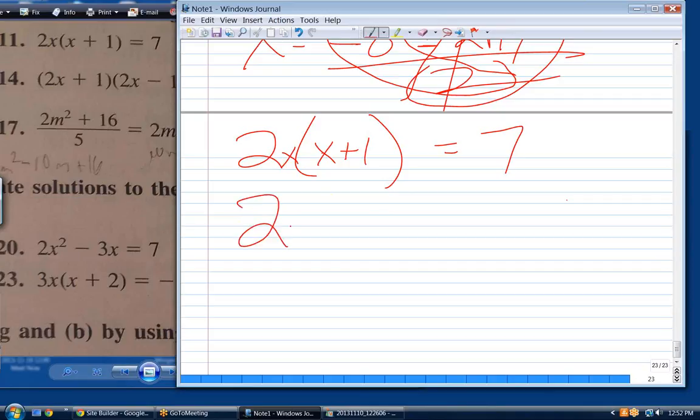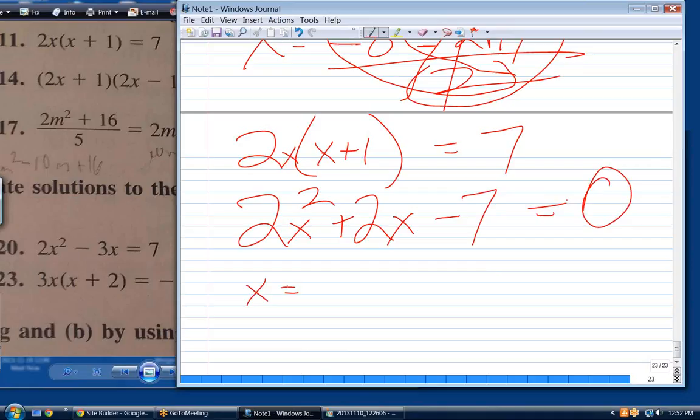2x squared plus 2x and then minus 7. And now the question, Jackson, kind of becomes, do I spend time trying to factor this?